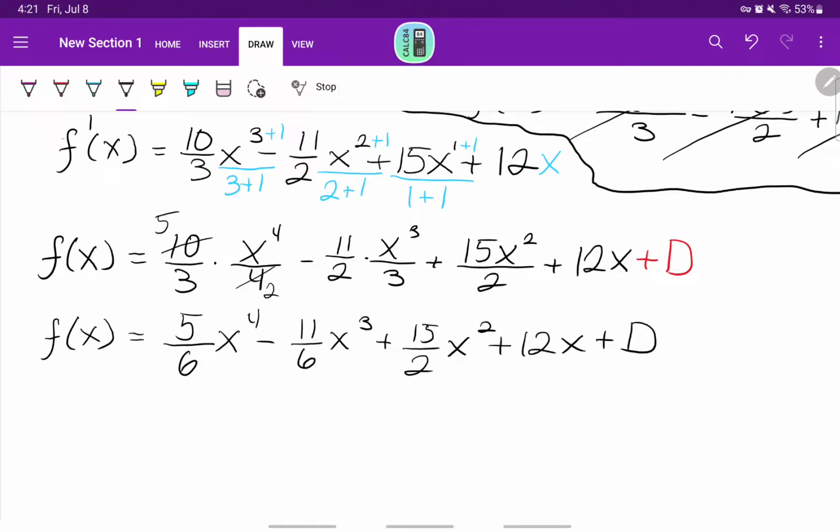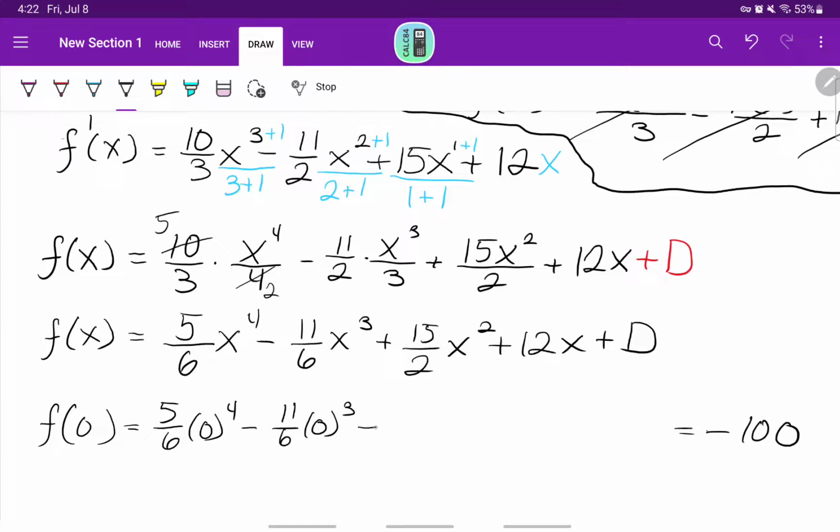So let's plug 0 into our original function and set that equal to negative 100. 5 over 6 times 0 to the 4th minus 11 over 6 times 0 cubed plus 15 over 2 times 0 squared plus 12 times 0 plus d is equal to negative 100.